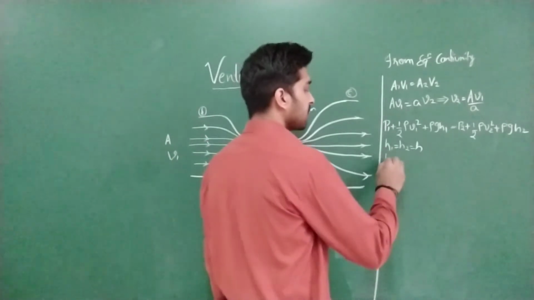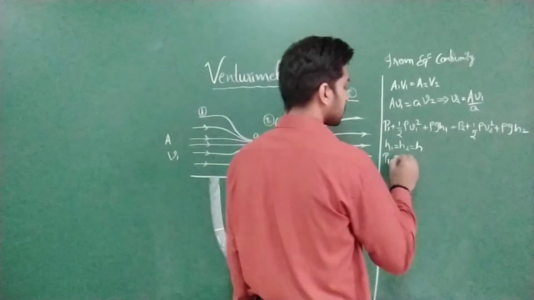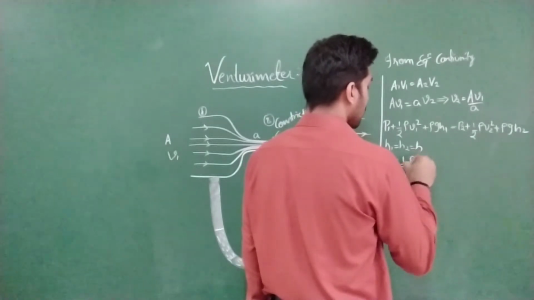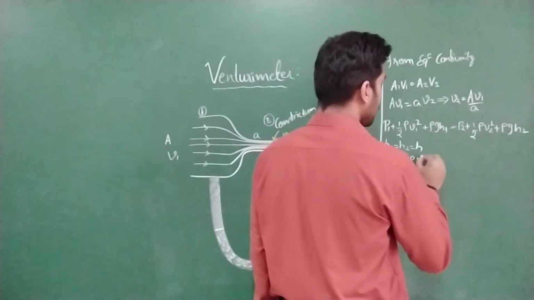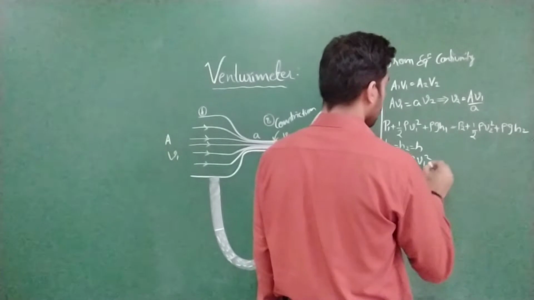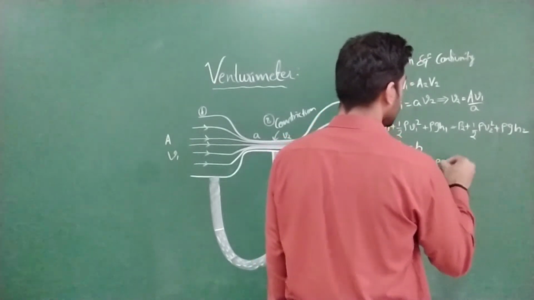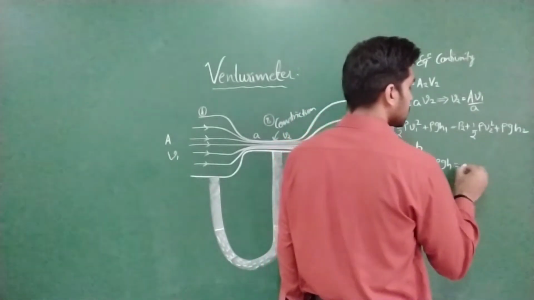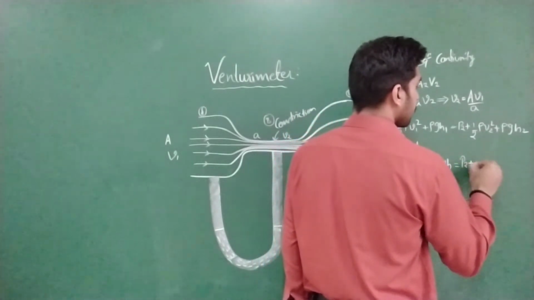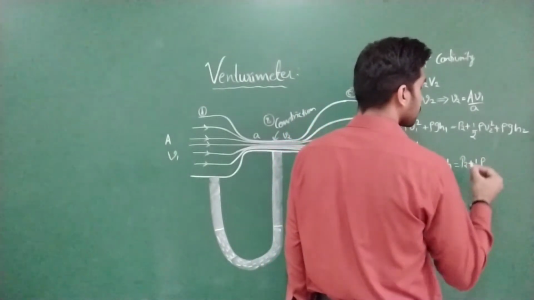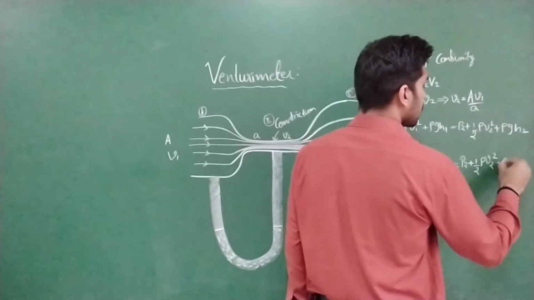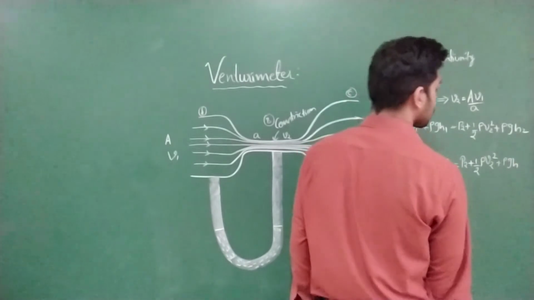P1 plus half rho V1 square plus rho GH is equal to P2 plus half rho V2 square plus rho GH.